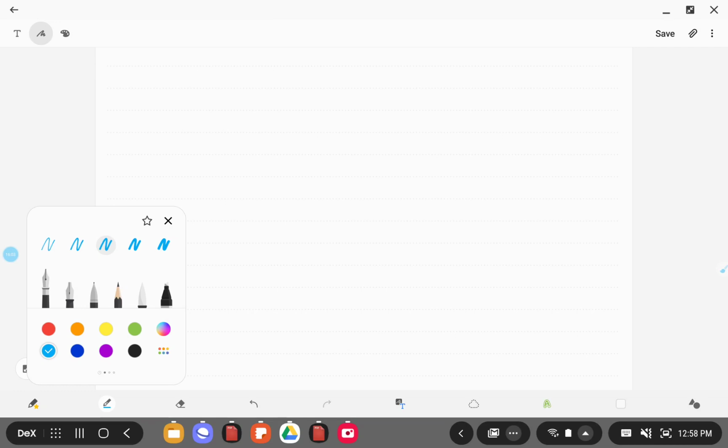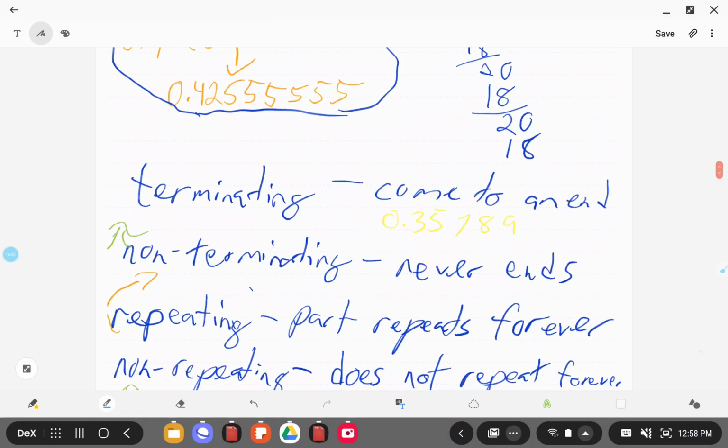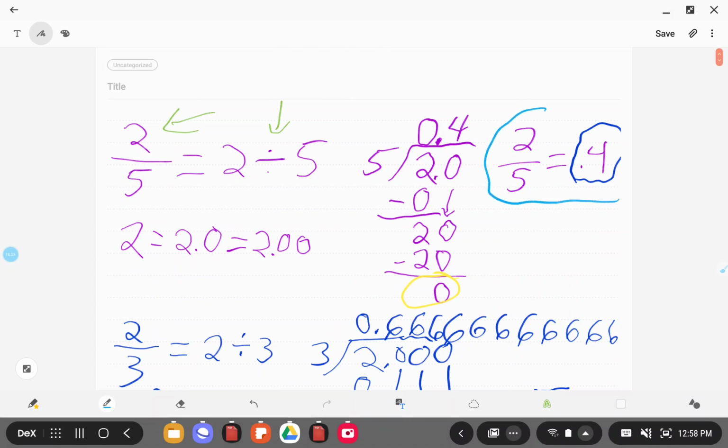So let's see, we did 2 over 5 earlier. Let's do 2 over 5 again. We're adding negatives this time. So if I have negative 2 over 5, we know that this means negative 2 divided by 5. Well, when we did our long division, we discovered that 2 divided by 5 came out to 0.4, right?